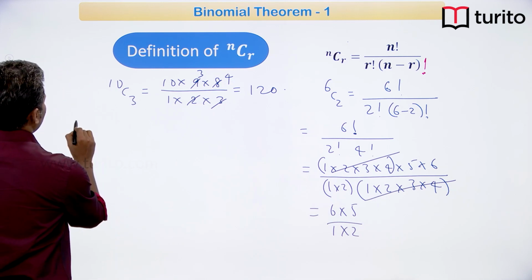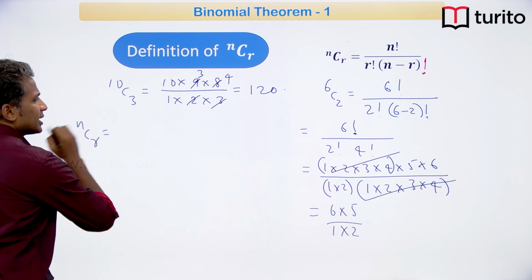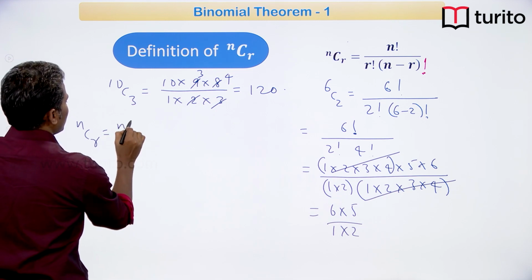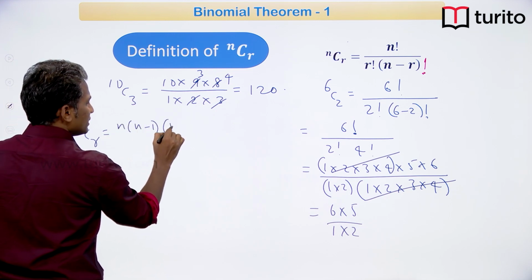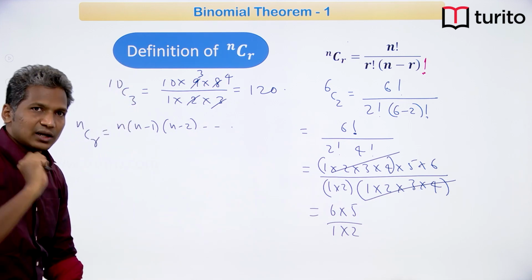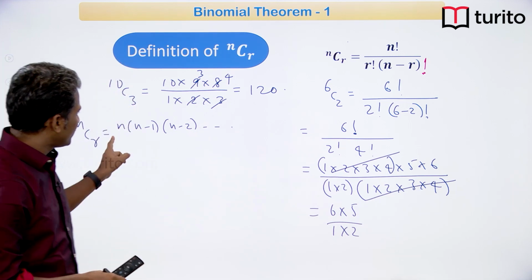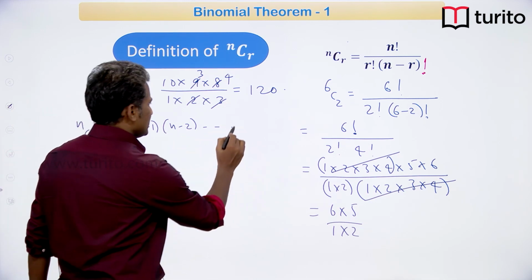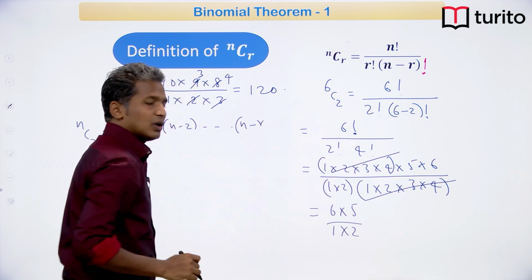So in general, if you want to write this kind of working formula for nCr, how do we write it? Starting from n, n minus 1, n minus 2, take how many numbers? r numbers. Now starting from n, what is the rth number? Is it n minus r? No, of course not.